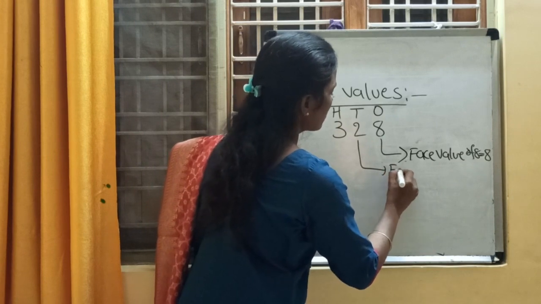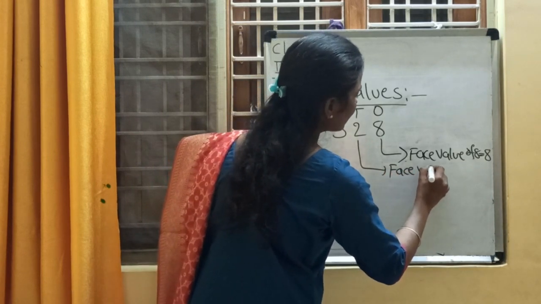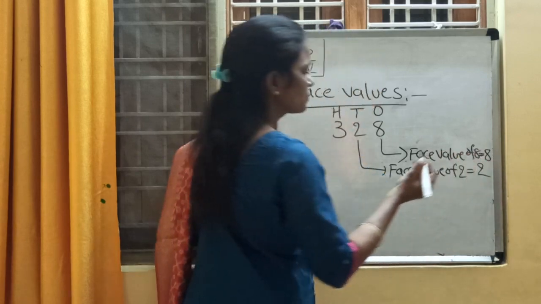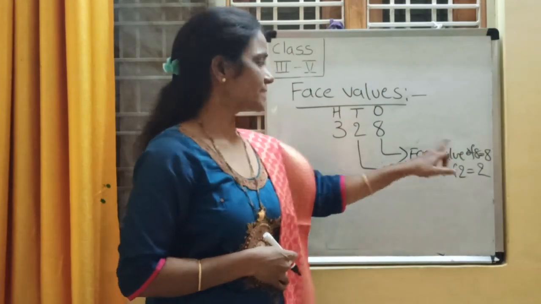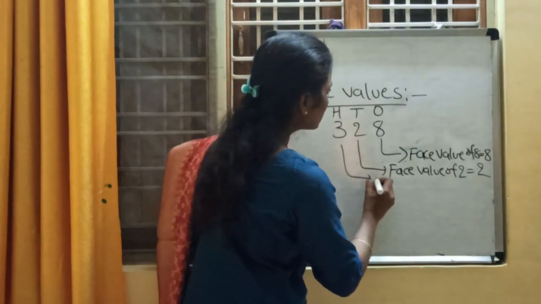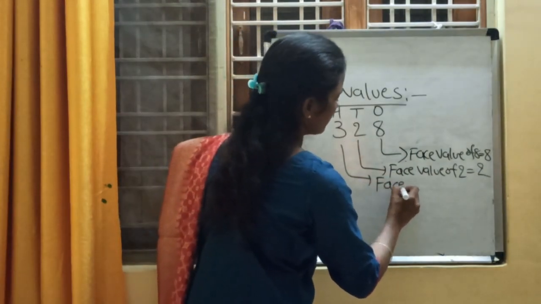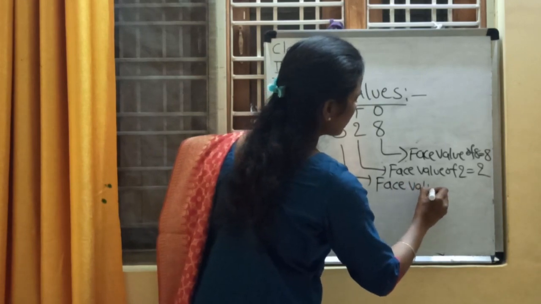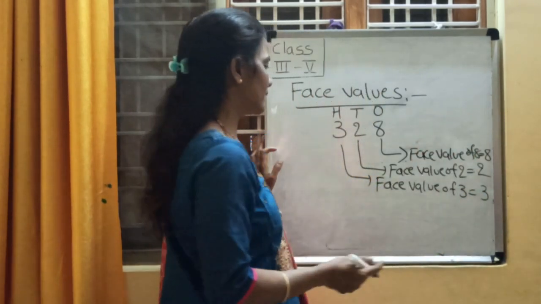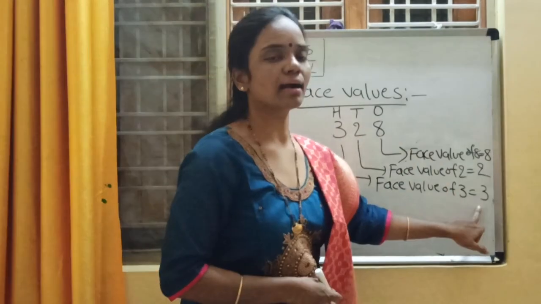And face value of 2 is 2 only. The same number will come. And what is the face value of 3? Face value of 3 is 3 only. The same number will come.